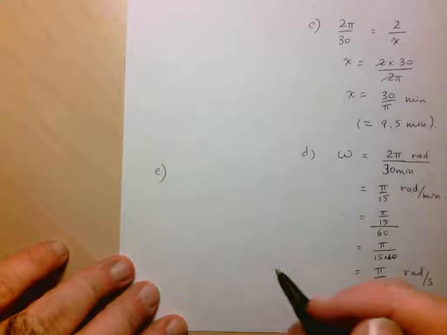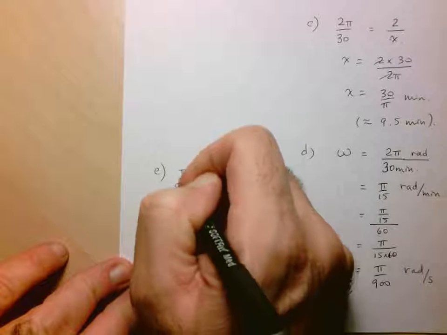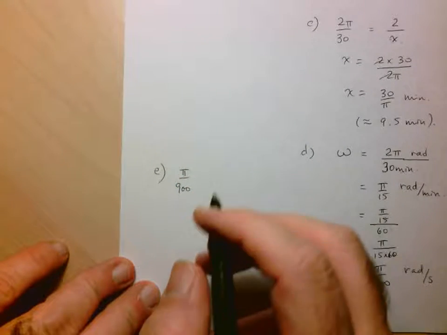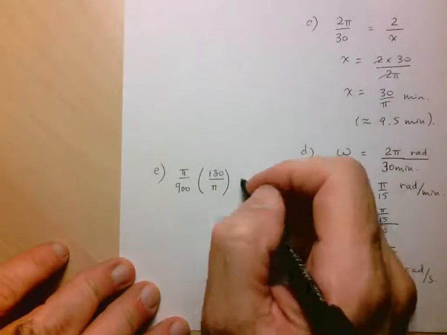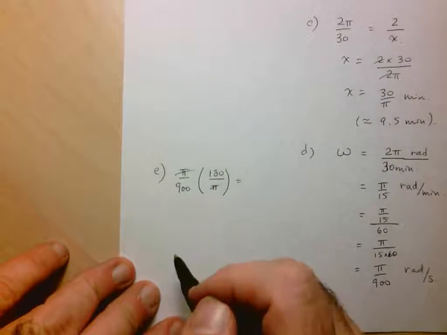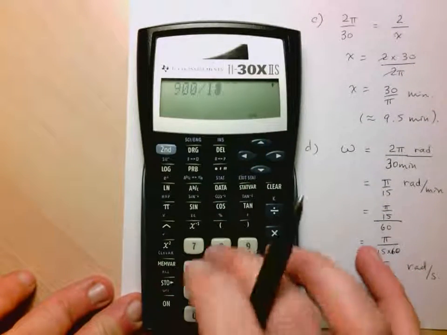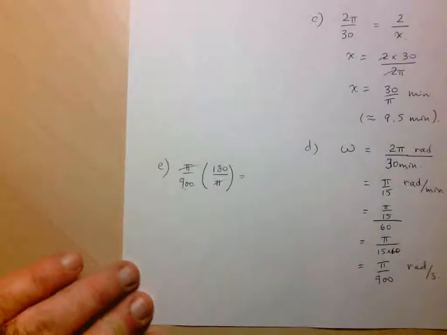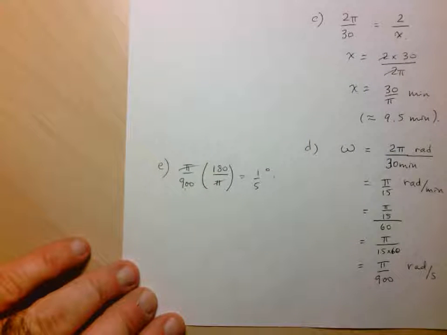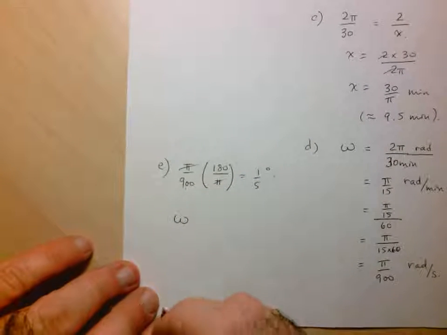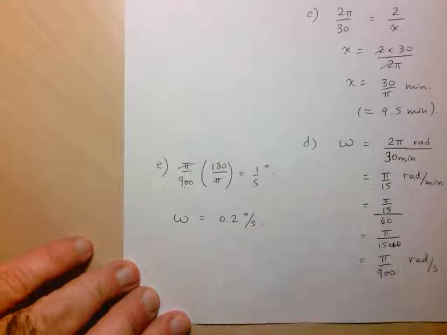You can set up a proportion, or if you remember the relationship, to turn radians into degrees I just multiply by 180 over pi. Then do some canceling out. 900, I'm pretty sure, is divisible by 180. I should know this, but let me check. And yes, there it is. So 1 over 5 degrees, which is 0.2 degrees. The angular velocity in degrees per second would be 0.2 degrees per second.